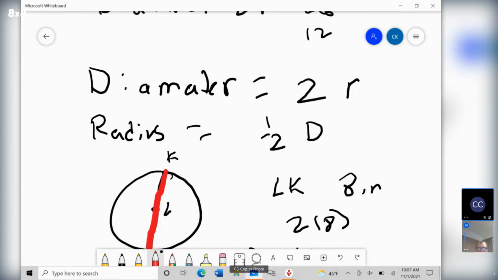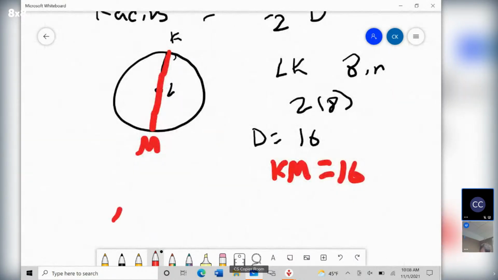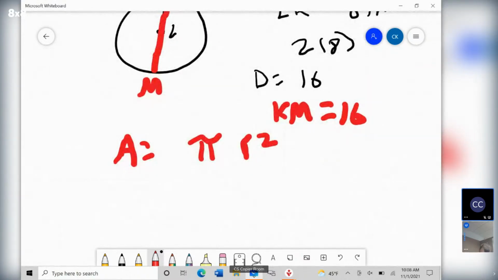Okay. And one last thing I want to introduce is area. If they ask you to find the area of the circle, area is going to be pi r squared. What pi is, it's just a number that is 3.14.